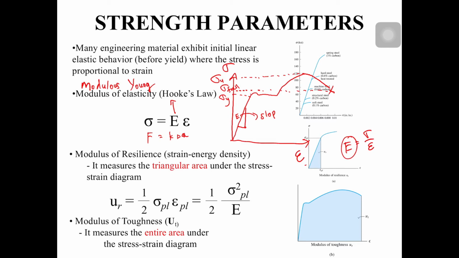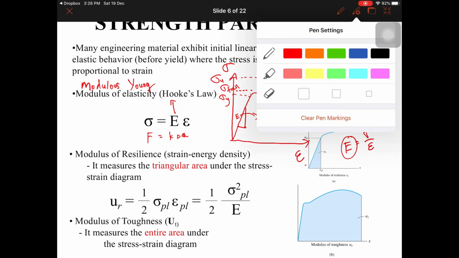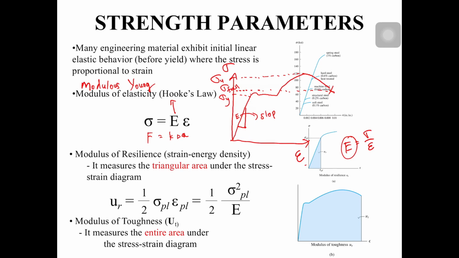So modulus of resilience measures the triangle area under the stress strain diagram. Okay, so if we draw this figure, this area, the triangle area up to the elastic region, so this one is UR, modulus of resilience.